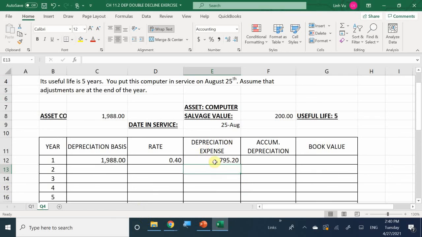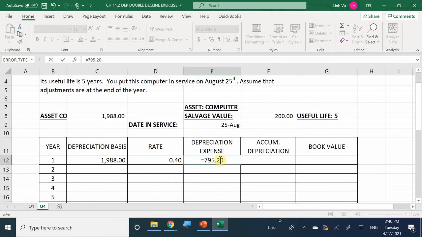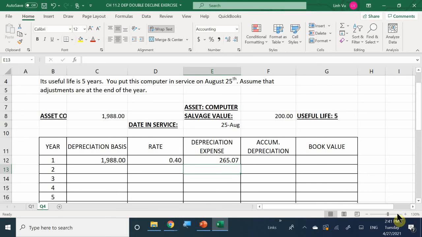In this case, you could do it in a fraction. I would take my 795.20 and times it by 0.333333, because that's what 4 out of 12 works out to. I'm still going to get the same answer, 265.07.